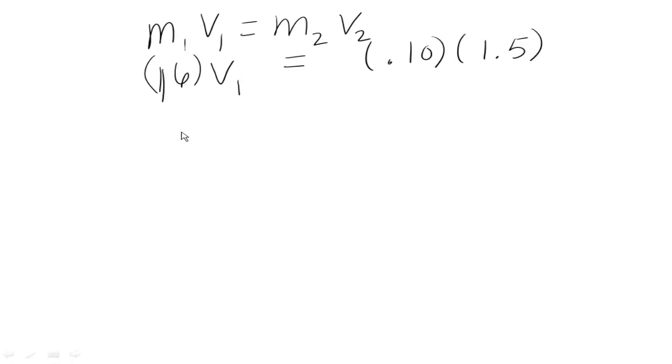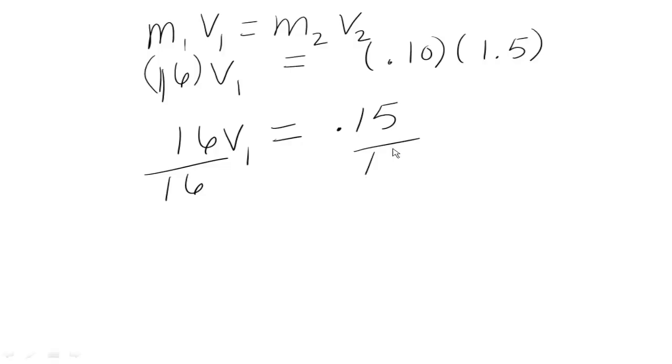So now I have 16 V1 equals, and I'm going to multiply those two numbers together, which gives me 0.15. Then I'm going to divide each side by 16, and so V1 is equal to 0.009375.